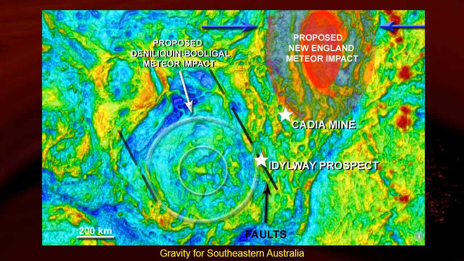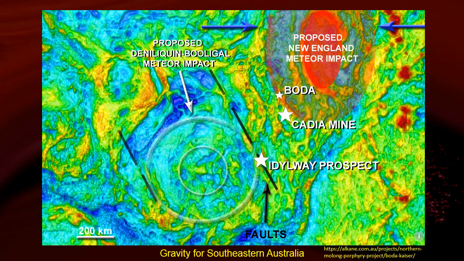Here we can see that the Cadia mine is very likely to be on the edge of the proposed New England meteor impact. As well, we can see that the Idylway prospect is very definitely on the edge of the proposed Deniliquin Bulagul meteor impact.